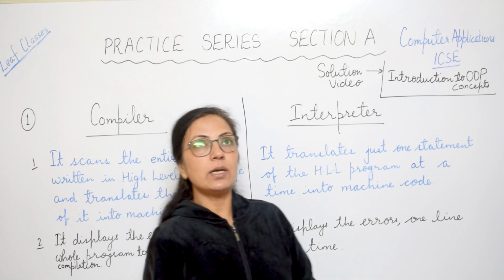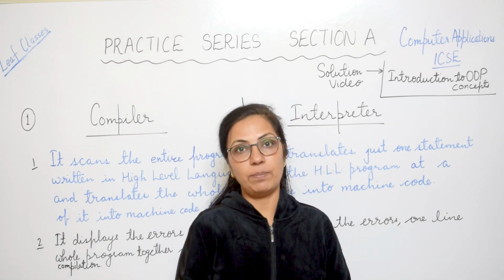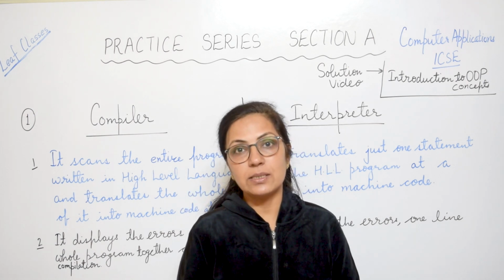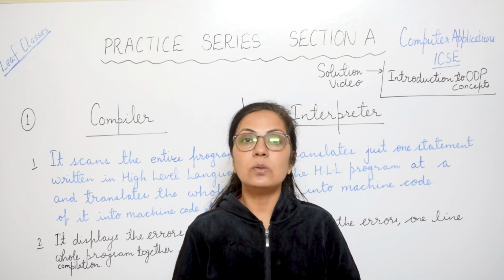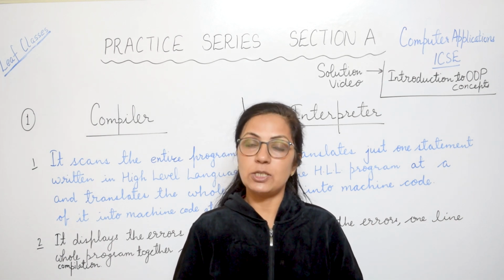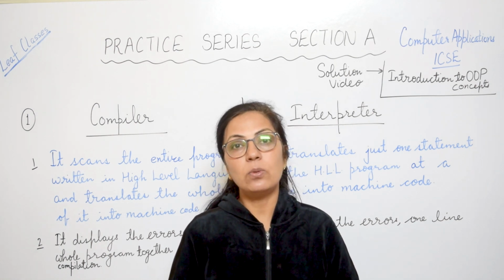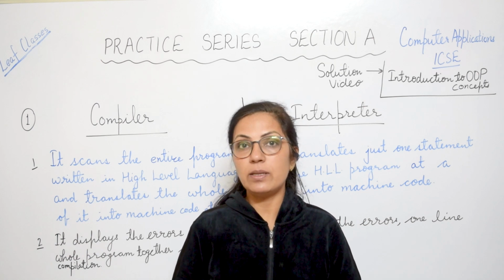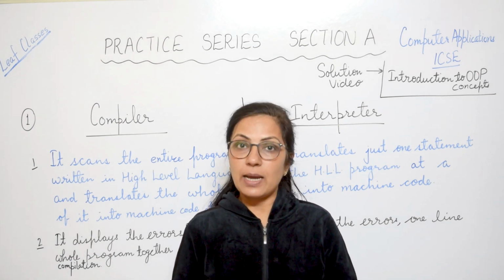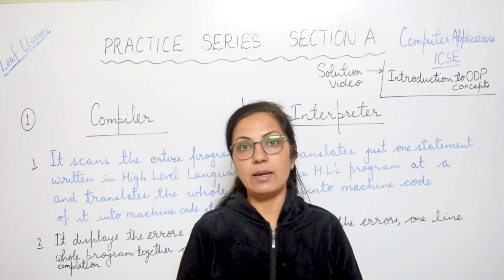So the first question is: differentiate between compiler and interpreter. Children, these two are translators that convert high level language into machine level language. We know that the computer understands only machine level language, only the machine code. But we write the program and give it to the computer in high level language.